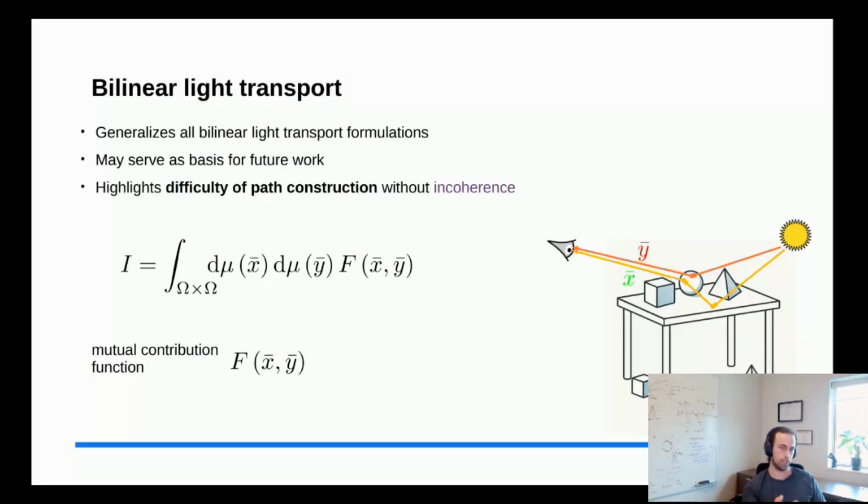So imagine that we sample a path X, right? And let's say that by itself, we did perfect path construction. It's a high contribution path. Excellent. But afterwards, a path Y is sampled, and the mutual contribution of X and Y might annihilate the contribution of X by itself and of Y by itself via interference.